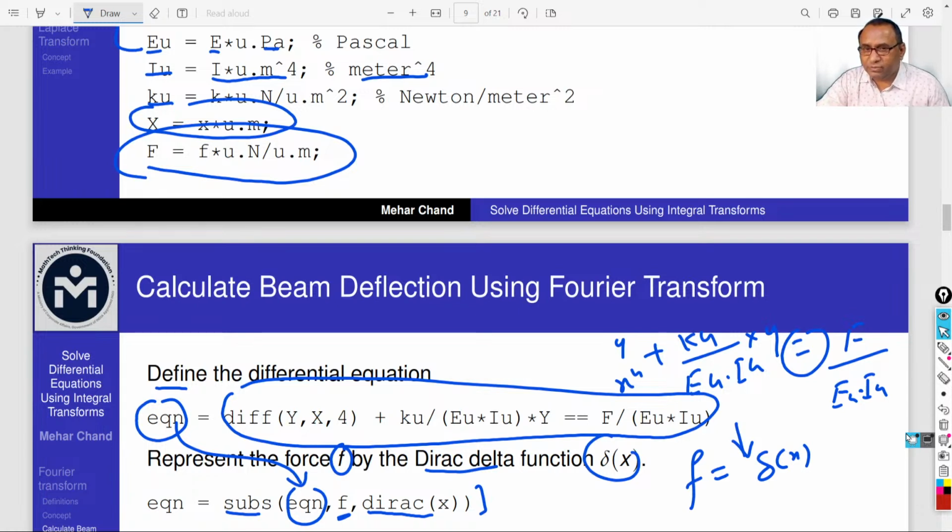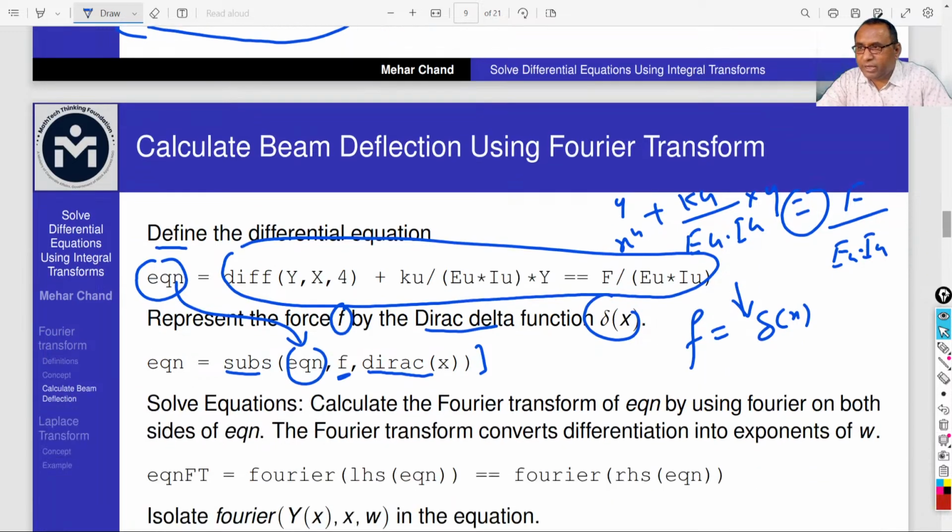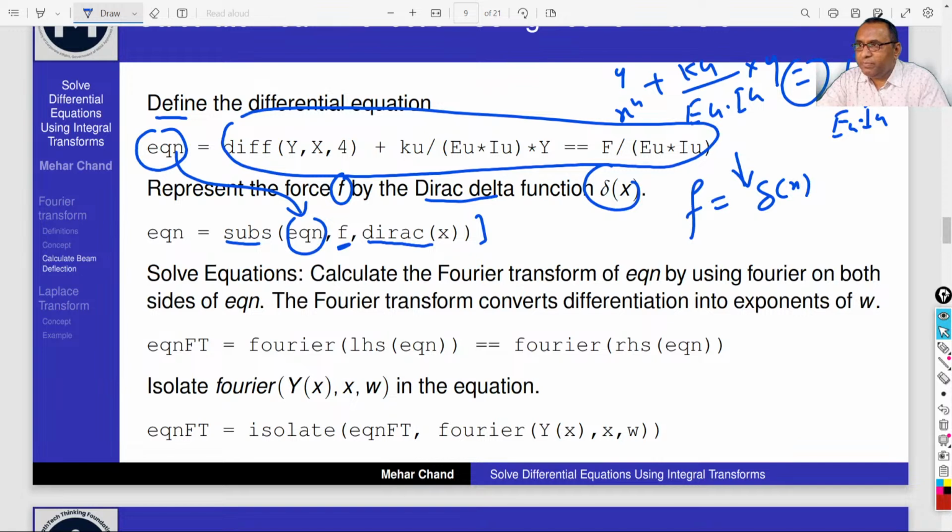Now after that, we want to solve this equation, and to solve the equation we will use the Fourier transform. You can see here equation ft. Here ft means Fourier transform to this equation. For the given equation, we have left hand side and right hand side.